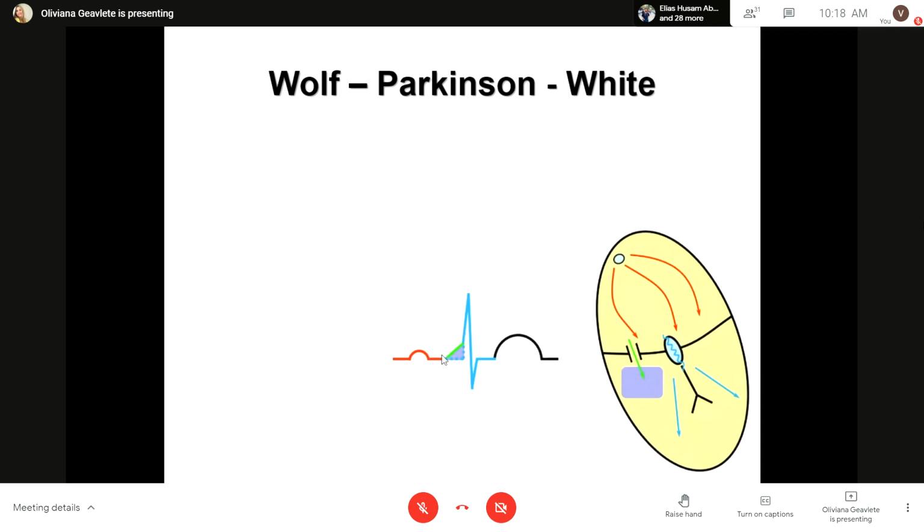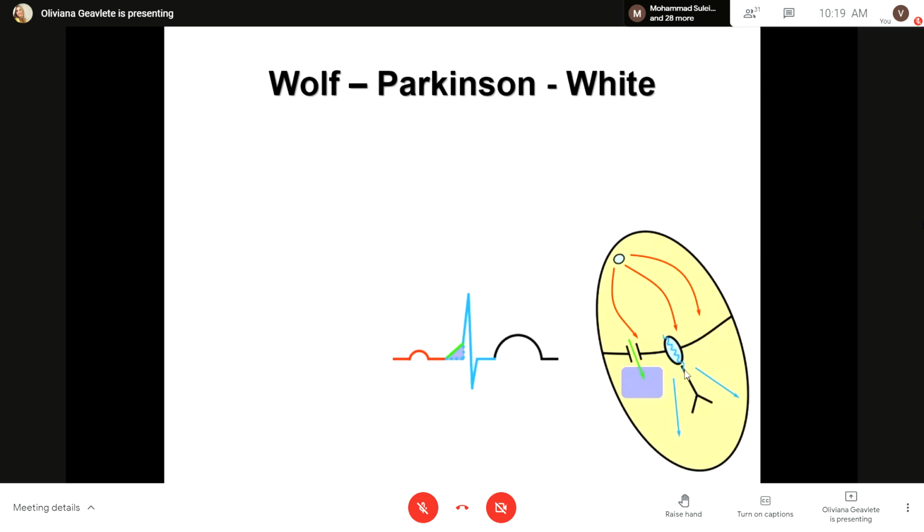You have the direct conduction here, and you have a shortened PR. But you are not connecting to the specific His-Purkinje system. So as a result, the speed of the conduction here is slower, and it will give you the slurred upslope, the delta wave.